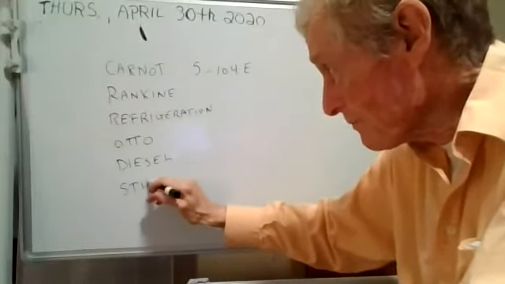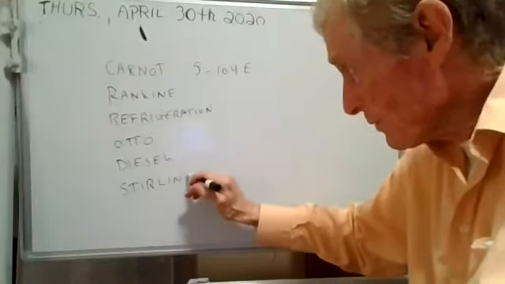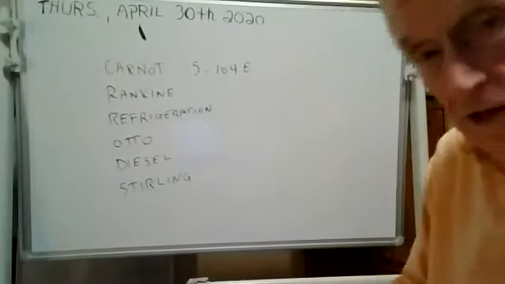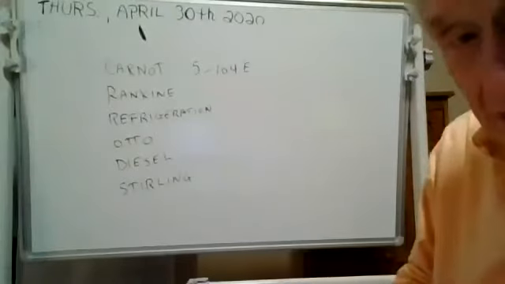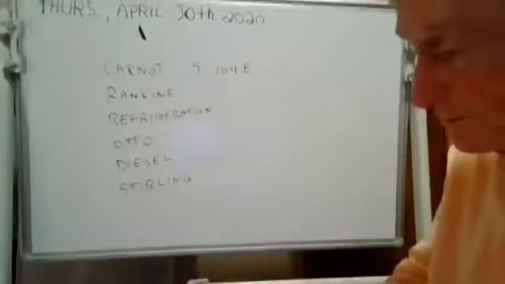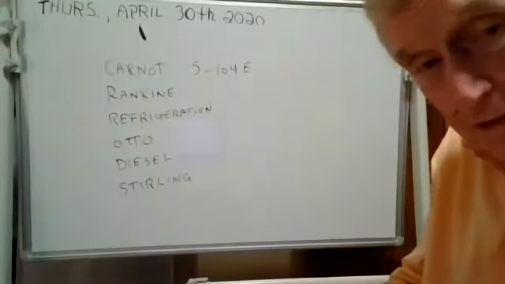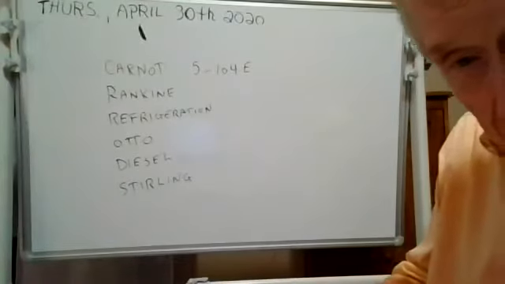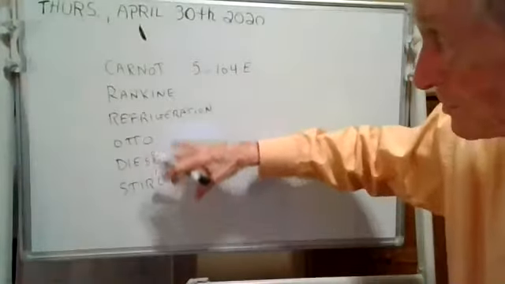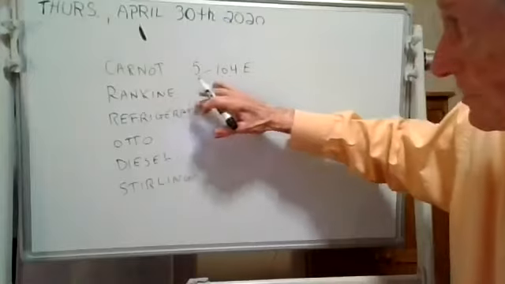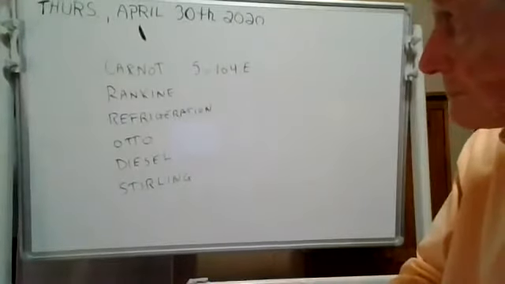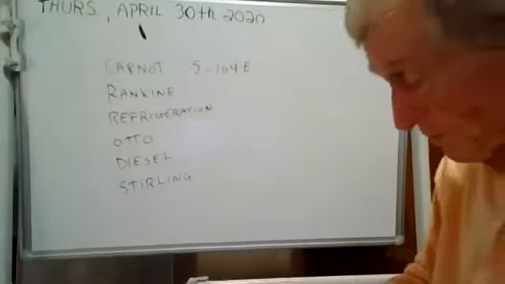I wish we had time for more, but we don't. Well, that's 6 different cycles. And you know you're going to have one, and you're going to have to make the property table and fill in all the little boxes. And what we're going to do right now, because it's been a while, is we're going to do this Carnot cycle. But you know one of these is going to be on your final.